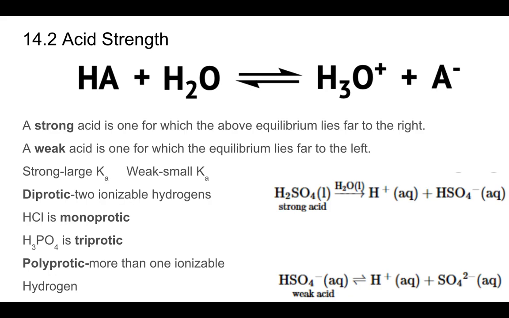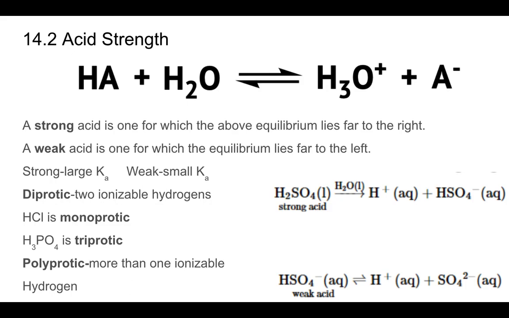However, for the sake of simplification, to make AP more simple, they've decided that if we're going to call H2SO4 a strong acid because the first H plus is strong, we're not going to confuse students by saying the second one's weak. If we're going to call it a strong acid, we're going to assume that both protons are strong.